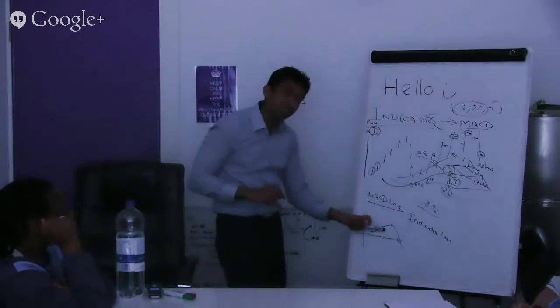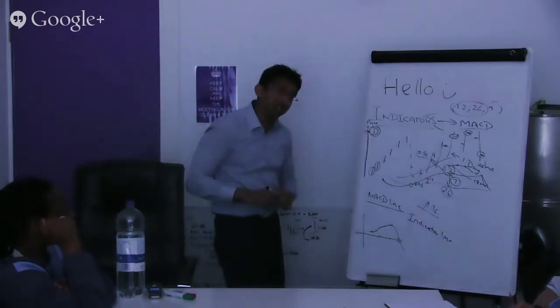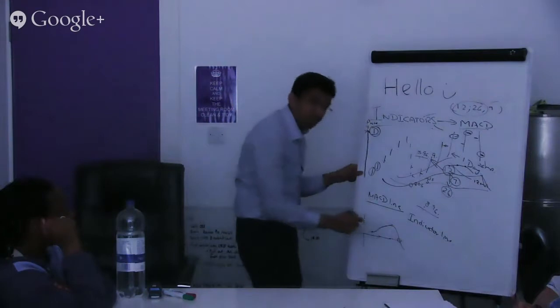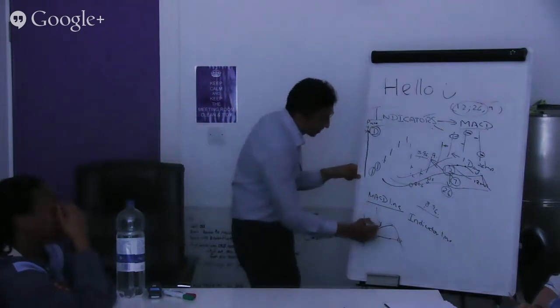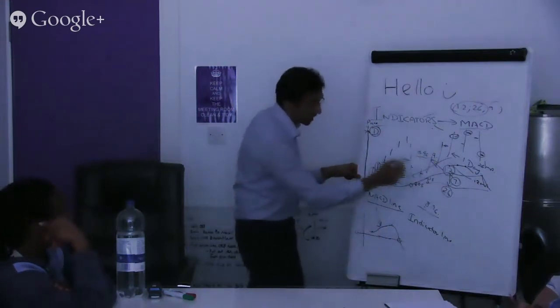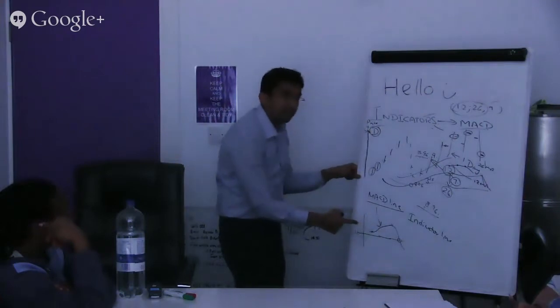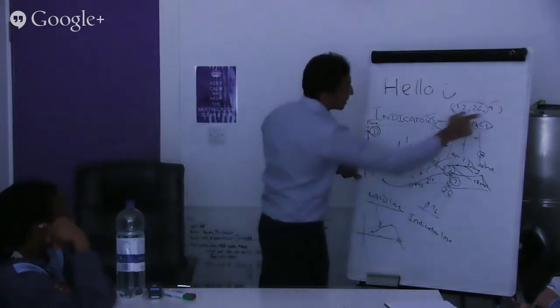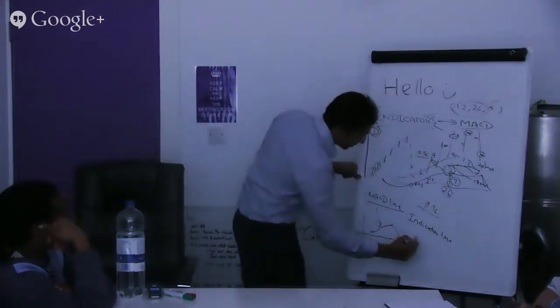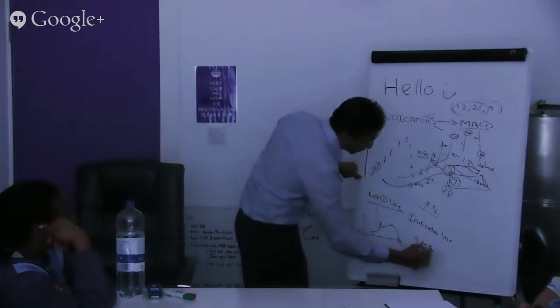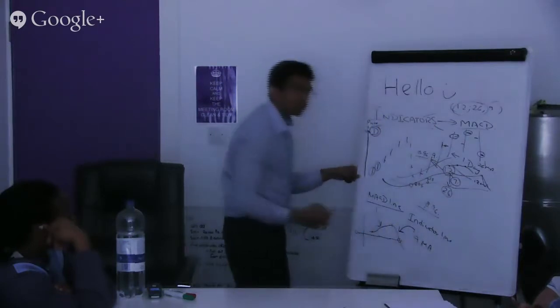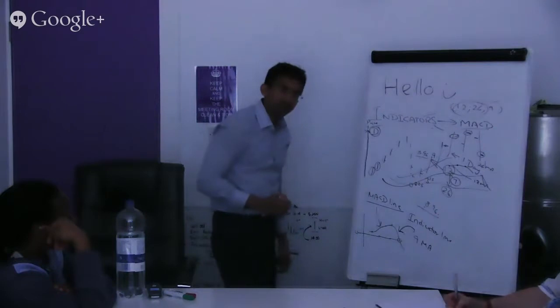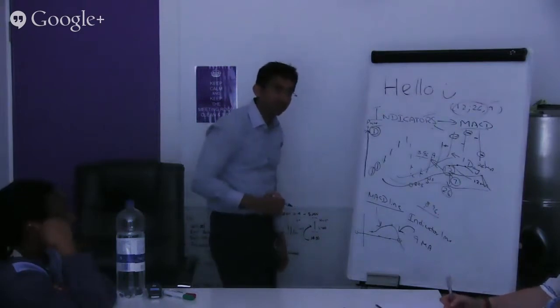So what is this line that I draw? This is the MACD line. So the 9 is the average of the 9 days of the distance. The MACD line, that's right. The last part of the equation, the 9, is the moving average of this MACD line.